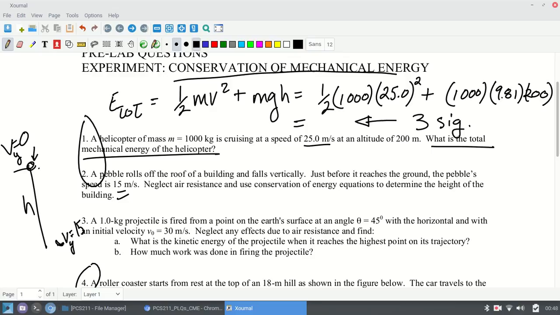All of the energy initially should be in gravitational potential energy, and it should be completely converted into kinetic. So your initial energy should be the total gravitational potential energy, which is mgh, and that should be totally converted into your kinetic energy.